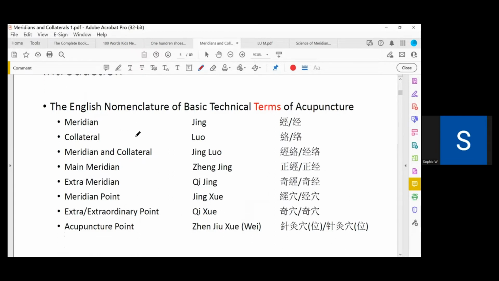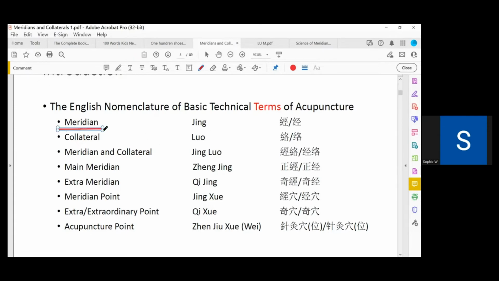Okay, those are the terms of acupuncture. This one is from the CTCMPAO, the College of TCM Practitioners and Acupuncturists of Ontario.